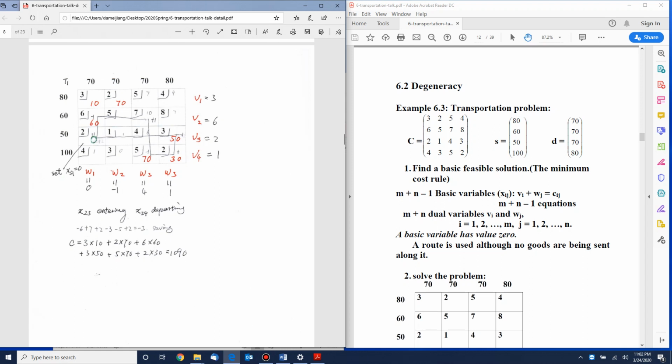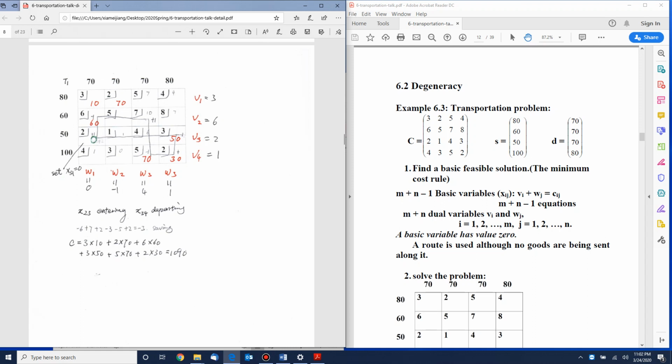And for the 3, we have 50 in source 3, and the market needs 80. So we put the 50 into cell 3 4, and in column 4, market 4, we need another 30, right?